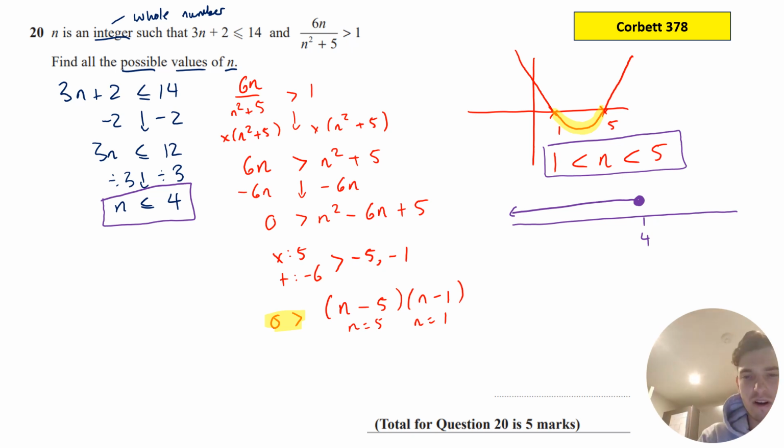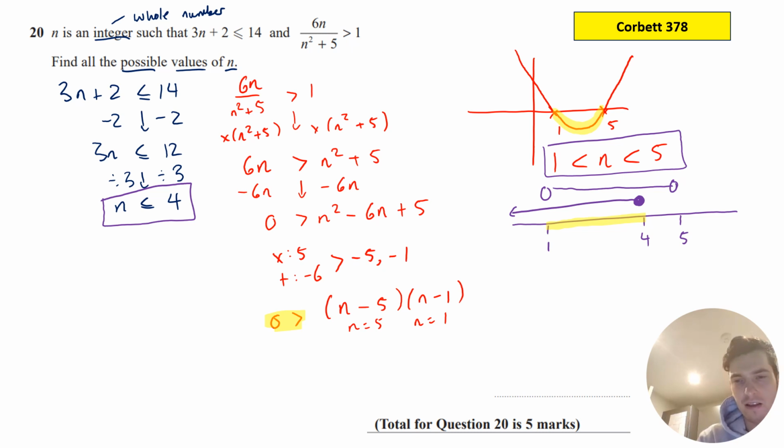And then my second one, n has to be between 1 and 5. Okay, so what numbers do I actually want here? Well, I think I want the numbers in between this 1 and 4. But which numbers can I have?